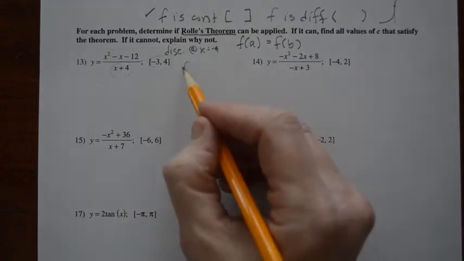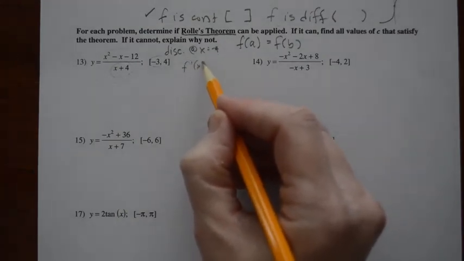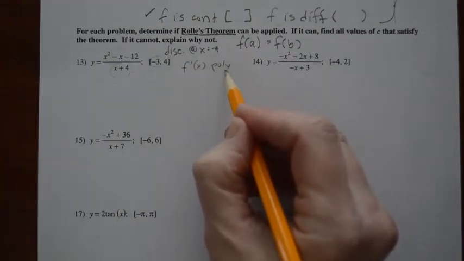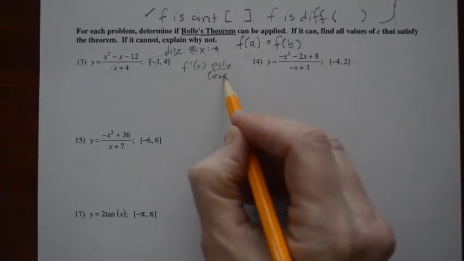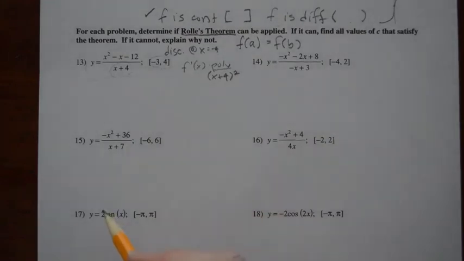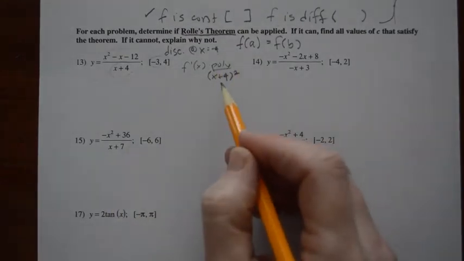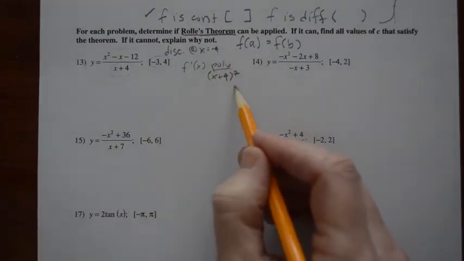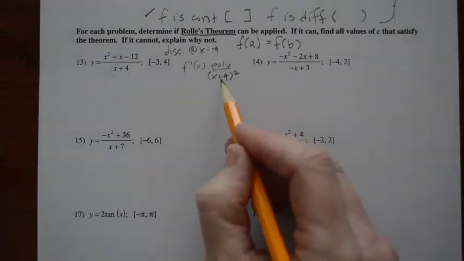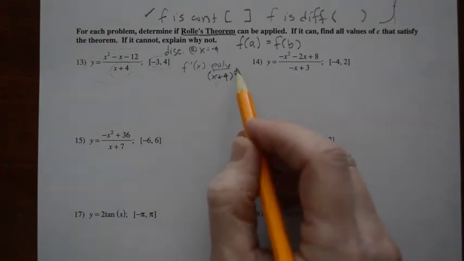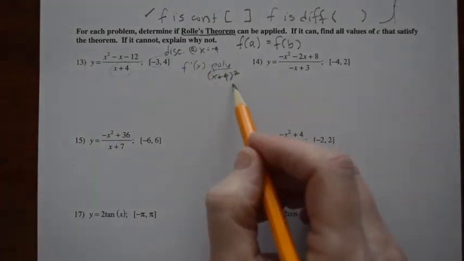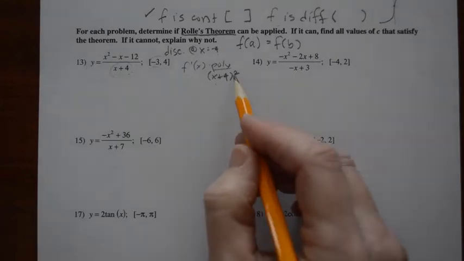So essentially, f prime is going to be some sort of polynomial numerator all over the bottom squared. So (x + 4) squared will be the denominator. Some polynomial numerator is fine, but then this (x + 4) squared in the denominator will have a 0 at -4, making the derivative undefined there. In other words, f would not be differentiable at that point.